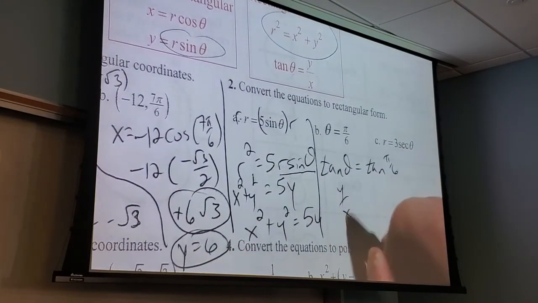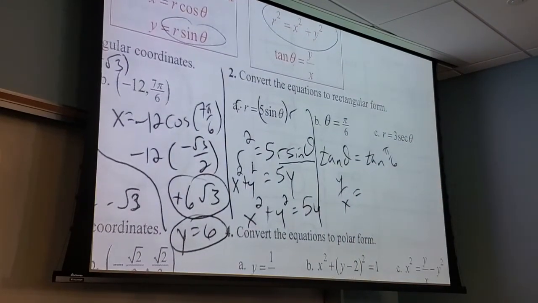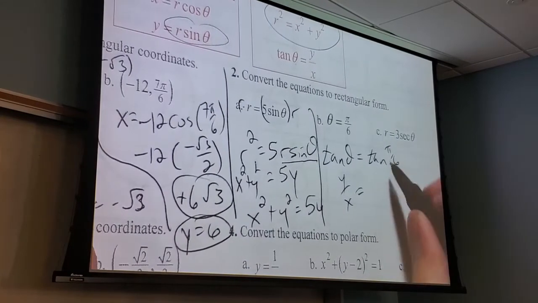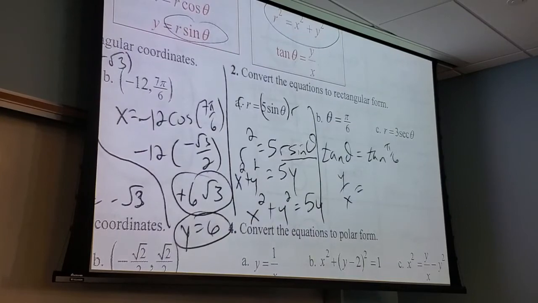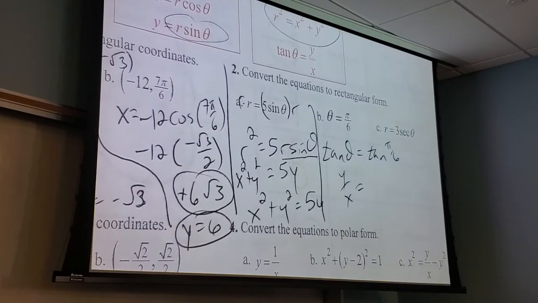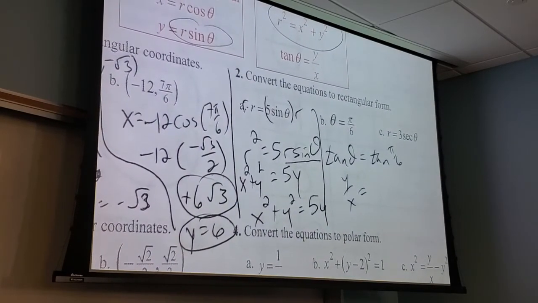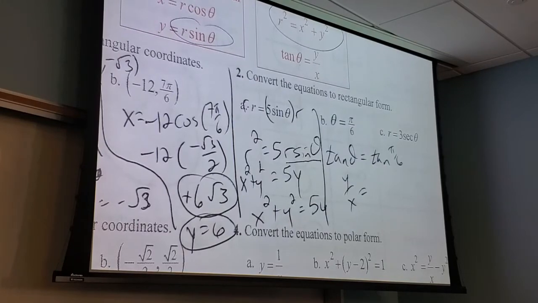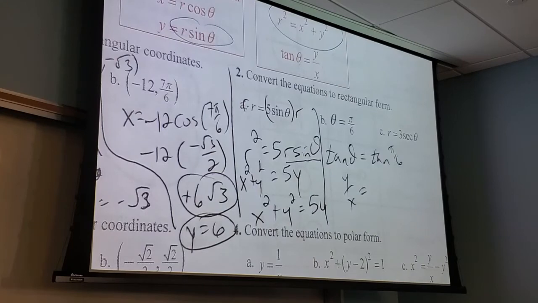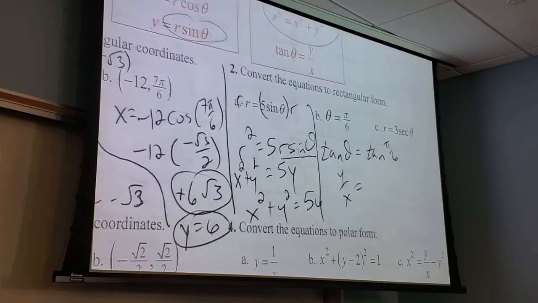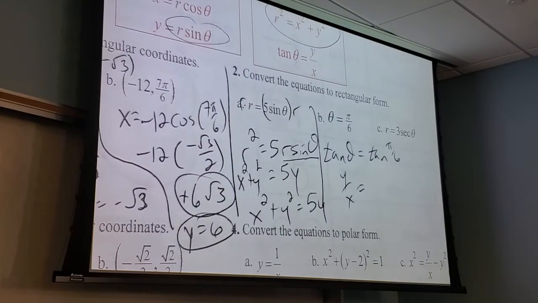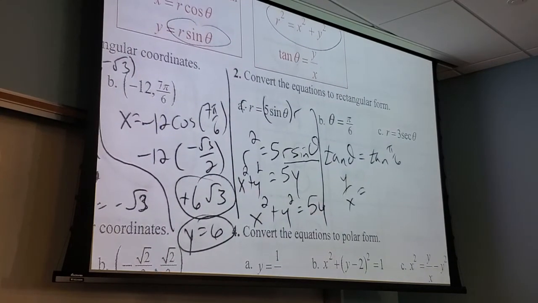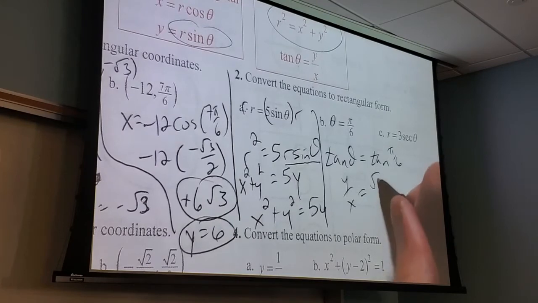Y over x. And what's the tangent of pi over 6? Other way around. Yeah, so it's rad 3 over 3.